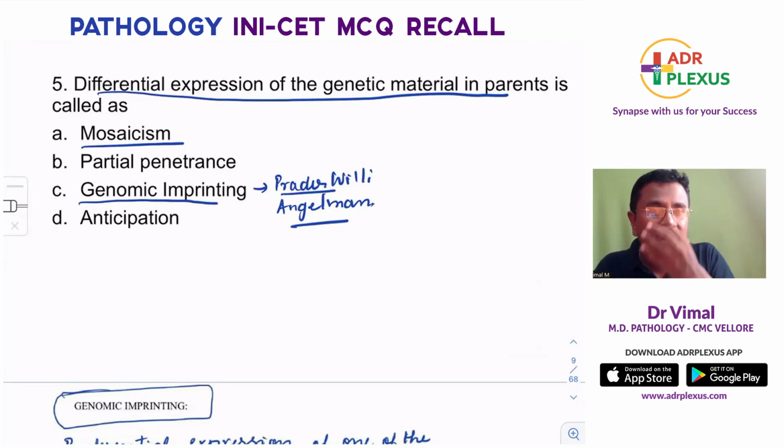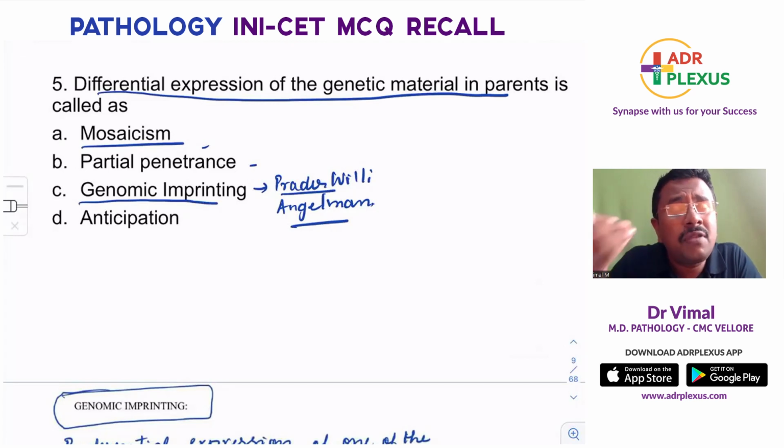Okay. Then coming to the other option, partial penetrance. Partial penetrance is about how the mutated gene expresses the phenotype. If 100 people are carrying the gene mutation, how many of them actually express that characteristic phenotype?